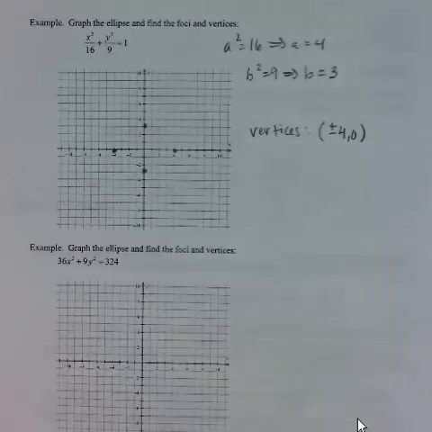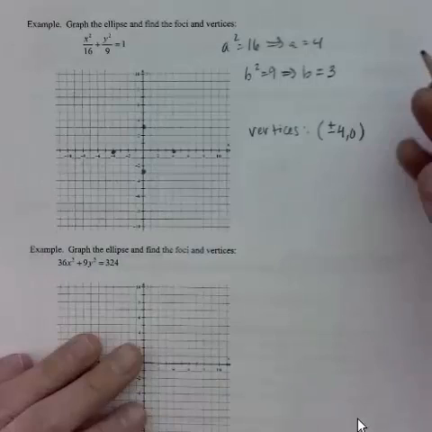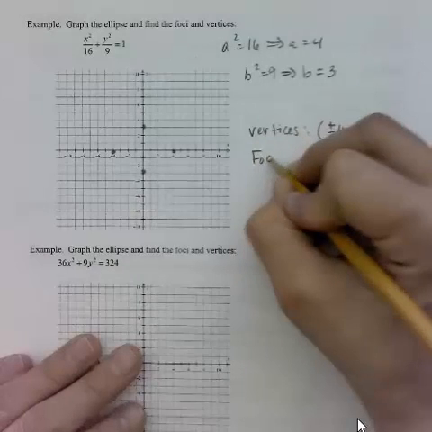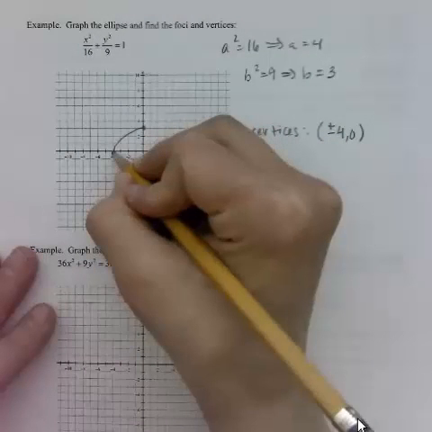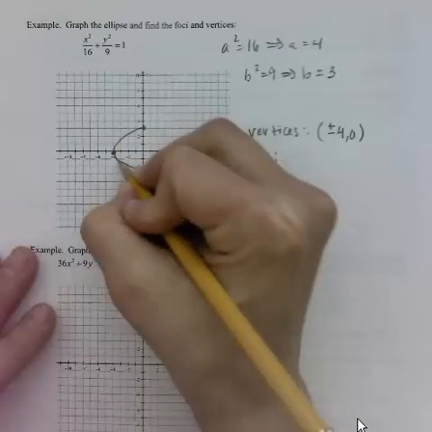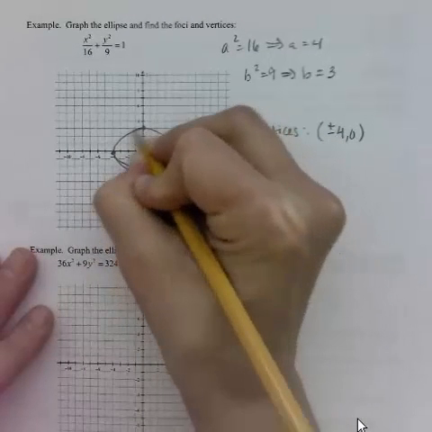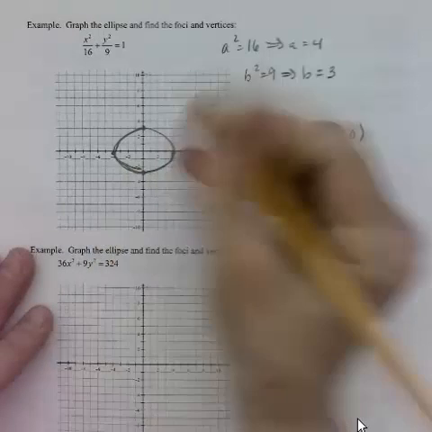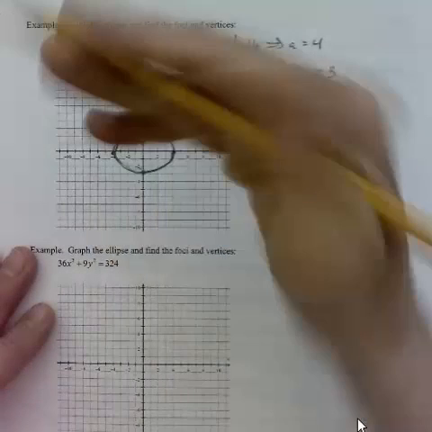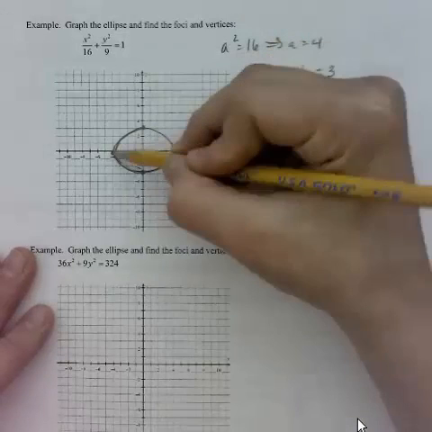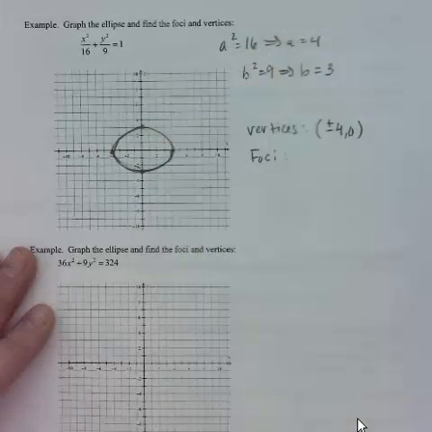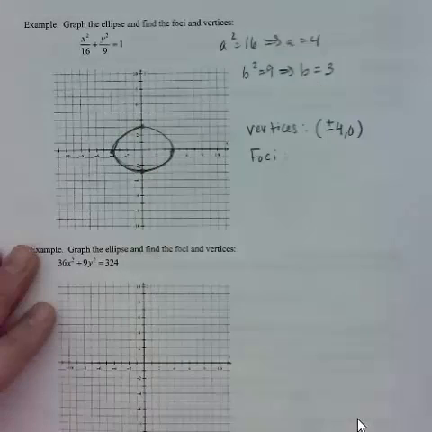Then the foci, well, here, before I do that, let me complete my graph. So you just do the best you can to make this look elliptical. There we go. When I grade something like this, I'm going to be looking that you have these 4 points in the correct spot. If that's not the best ellipse, that's fine.